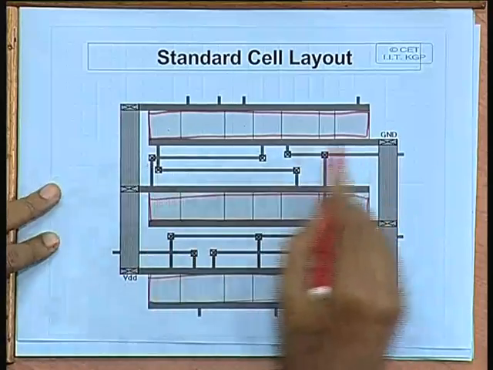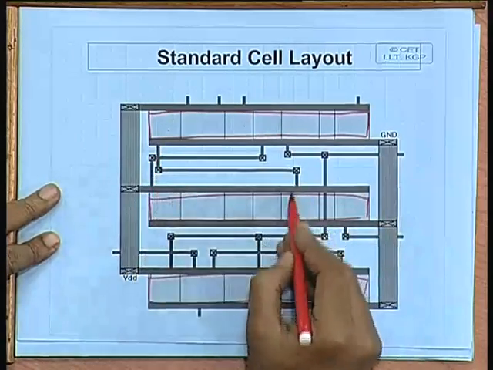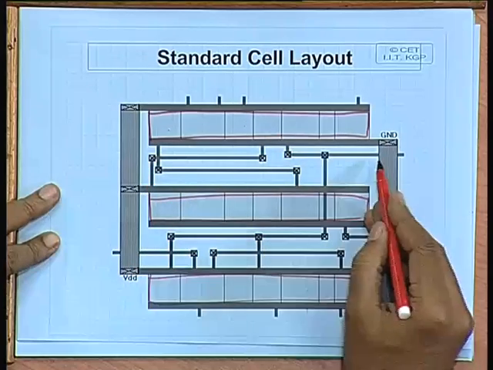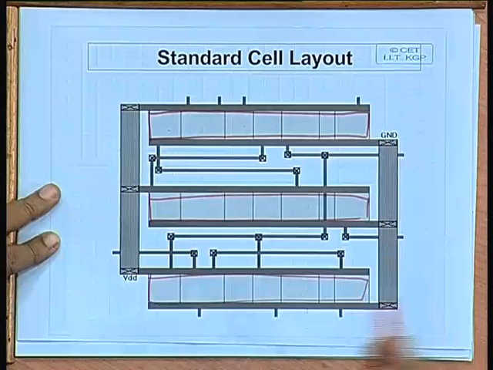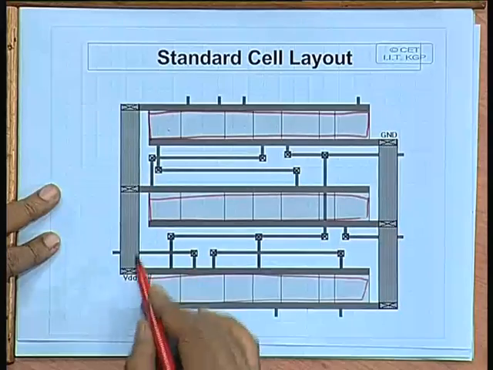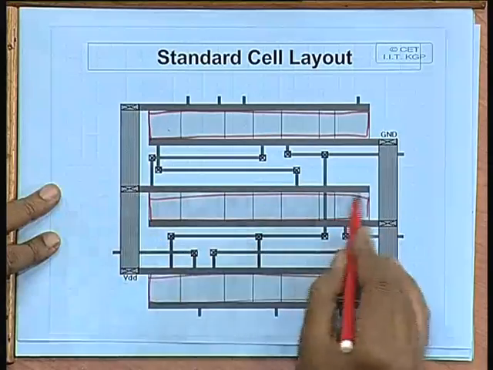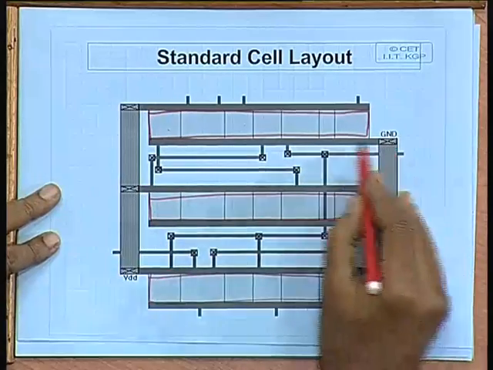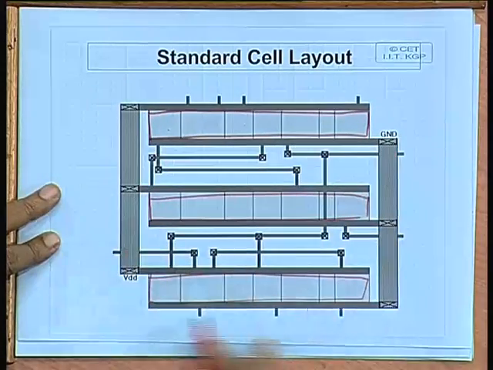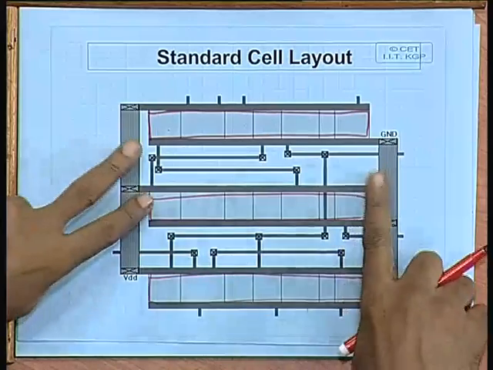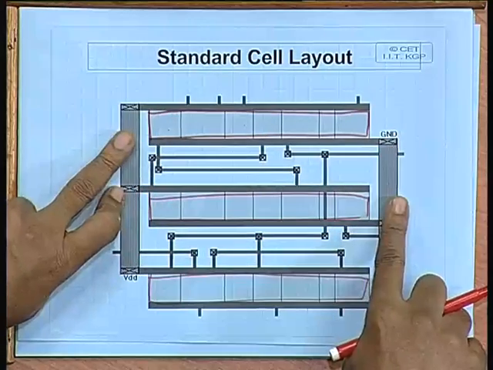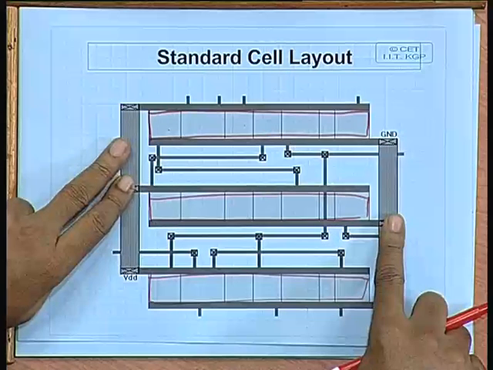So, as you can see there is some free space through which some interconnections have been carried out. This is a typical picture, and the VDD and the ground can be fed from 2 different sides. The VDD can be feeding the VDD lines and ground can be feeding the ground lines. So, distribution of power also becomes very regular in this kind of a design, right.